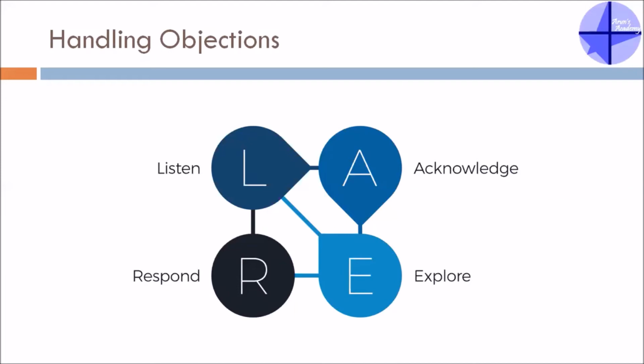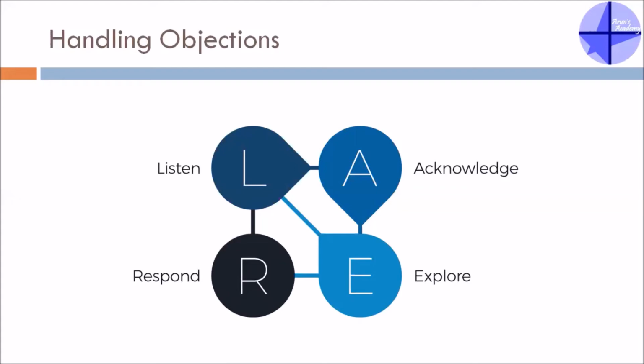Whenever customer comes with any objection, first of all, forget your role, forget your product, your company, just listen to what the objection is. I'm not talking about hearing, I'm talking about listening. Okay, listen very carefully. After you listen, don't just jump to respond to that particular objection.